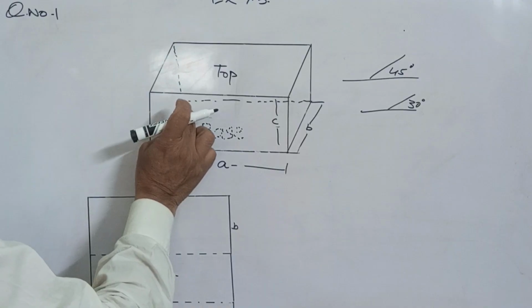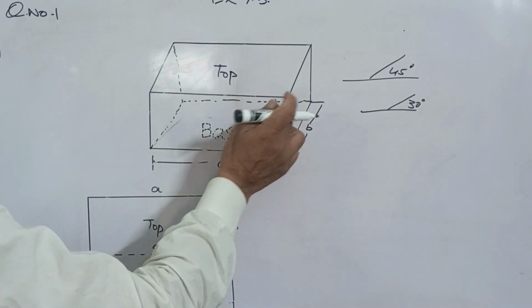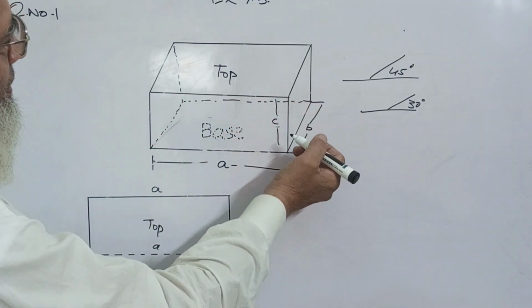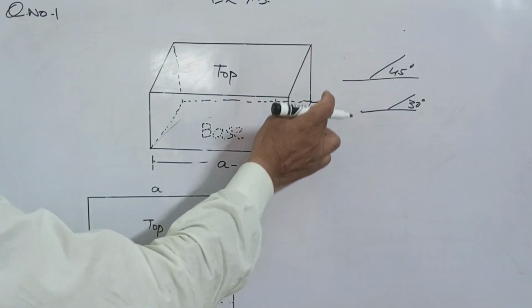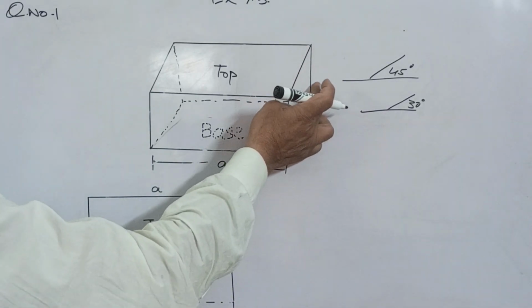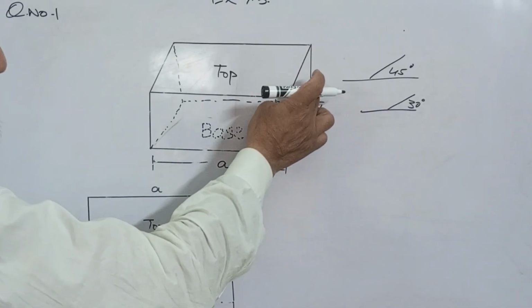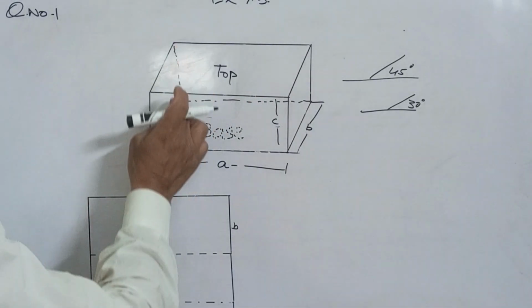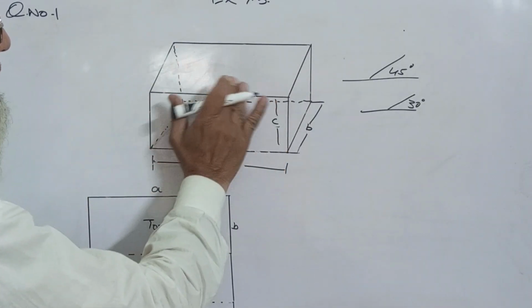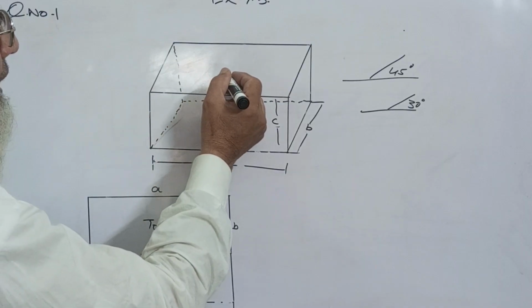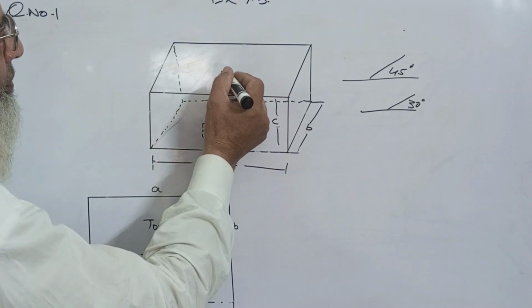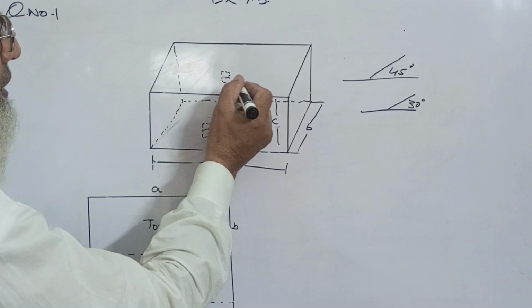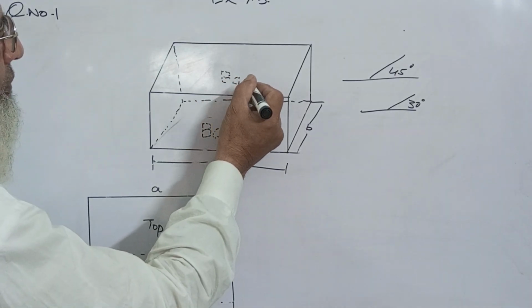This is the dotted line for back, and this is the dotted line for back, and this is the full line which is only visible to you. This full line is visible to you, this full line is visible to you, two dotted lines. Now I just erase this and write here back, because this is not visible to you, not even to me.